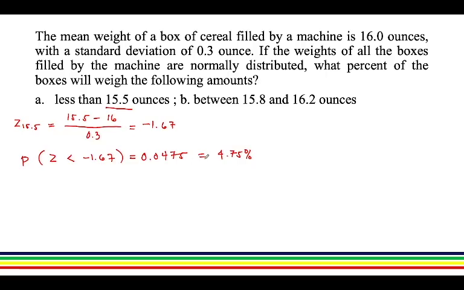For letter B, we have to find the percentage of the boxes that will weigh between 15.8 and 16.2. The first step, again, is to convert first these values into z value. That's 15.8 minus 16 divided by 0.3.